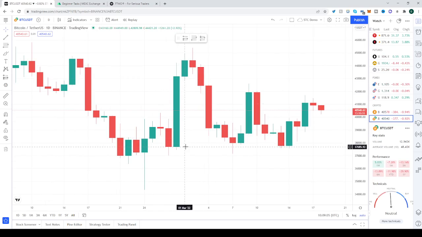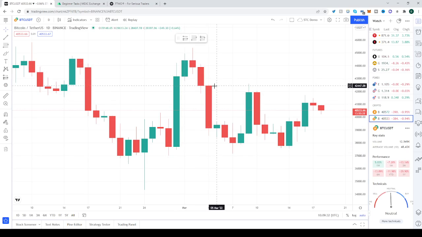It means that it opened here at the beginning of the day, it closed here. Quite the big momentum candle. Usually these are called bullish candles because they're a big increase in price. Lowest it was here, highest it was here.